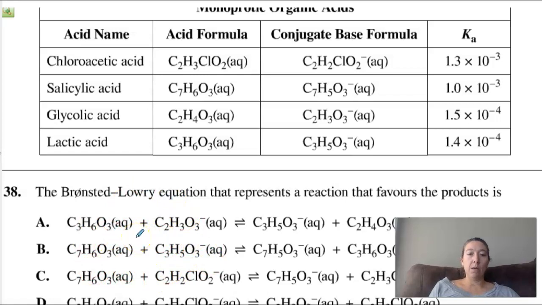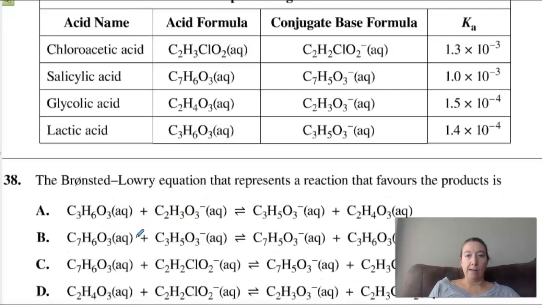A couple of different ways to approach it. One of the ways is just to be like, okay, well, this is my strongest acid, C2H3ClO2. If that's on the reactant side of any of these, then I know that's going to favor products. But it's not. So we go to our next strongest, which is C7H6O3, which is in here and here, right?